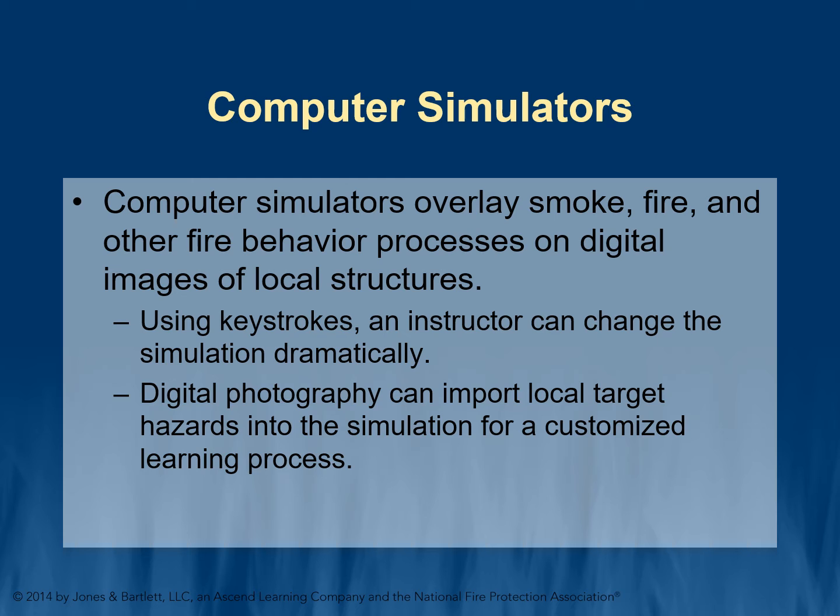A lot of these programs, although they're neat, they have a limited use. An advantage is you can take photographs of local buildings and areas and simulate fires, so that's an advantage. It does take time to manipulate them, and they are effective for tactics and strategies when you start to get to the tabletop exercises.